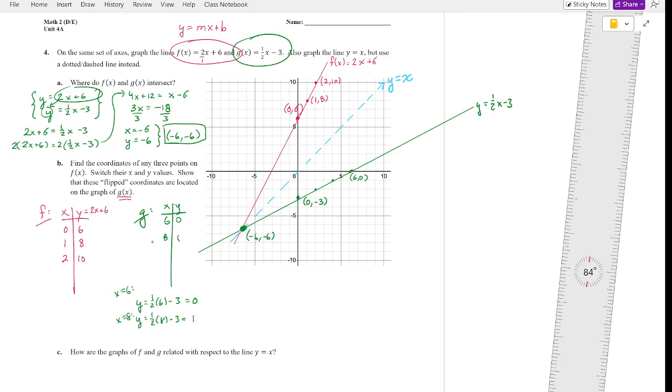So look, they're flipped. And then same thing if I do y equals half of 10 minus 3, then I get 5 minus 3, which is 2. So (10, 2). Okay, so that's this point right here at (8, 1), and another one here at (10, 2).